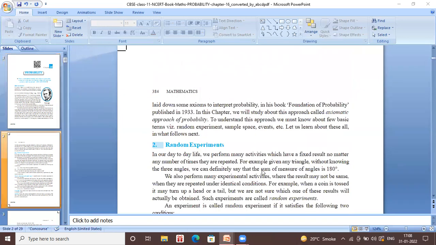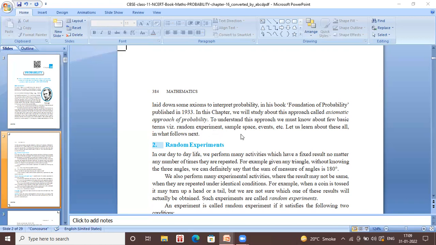Then another theory comes, that is the axiomatic approach of probability. And here in 11th standard, we will learn the axiomatic approach of probability. To understand this approach, we must know a few basic terms. These are very important terms, and they start with random experiment.